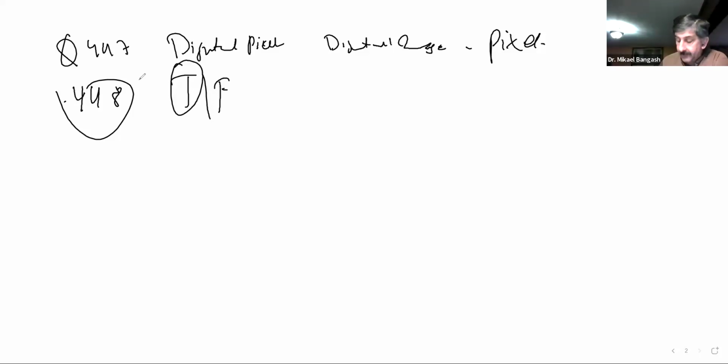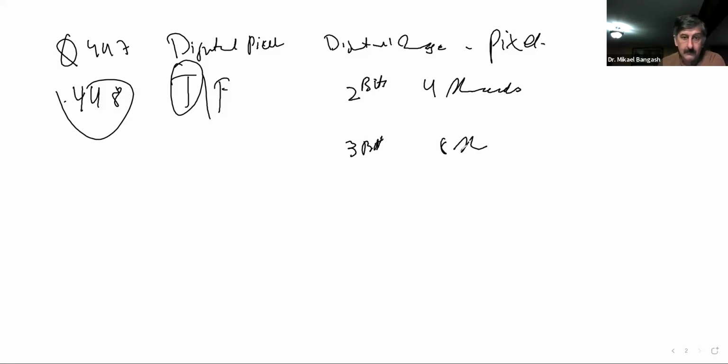We already saw when we did some of the questions for this chapter, if we had, for instance, 2 bits, we had a total of up to 4 shades, whereas if we had 3 bits, we had up to 8 shades. So the greater the number of bits, the greater is the number of shades.